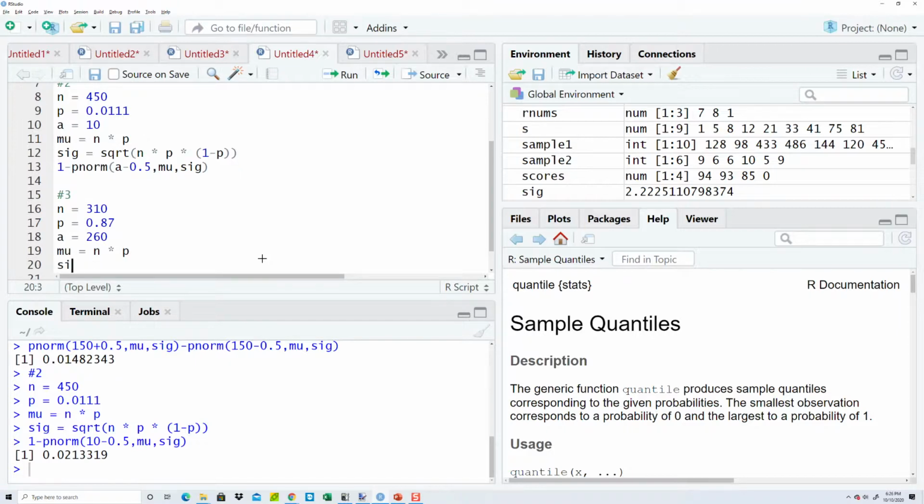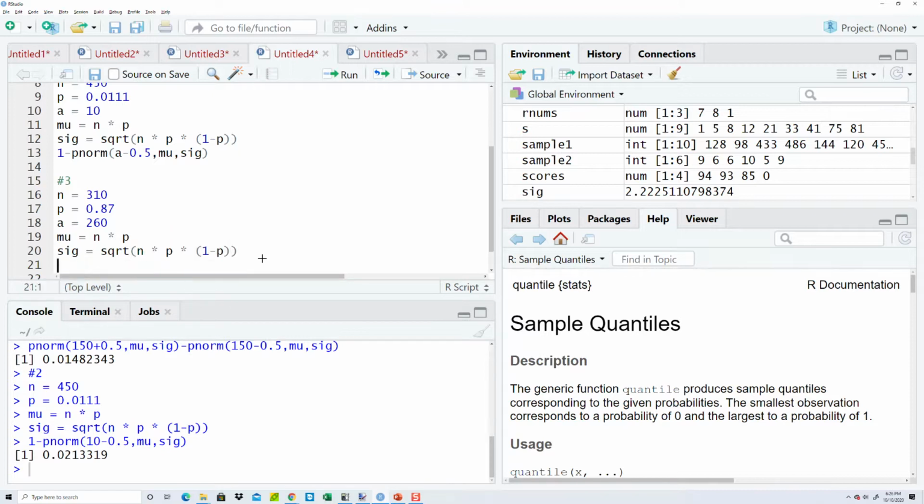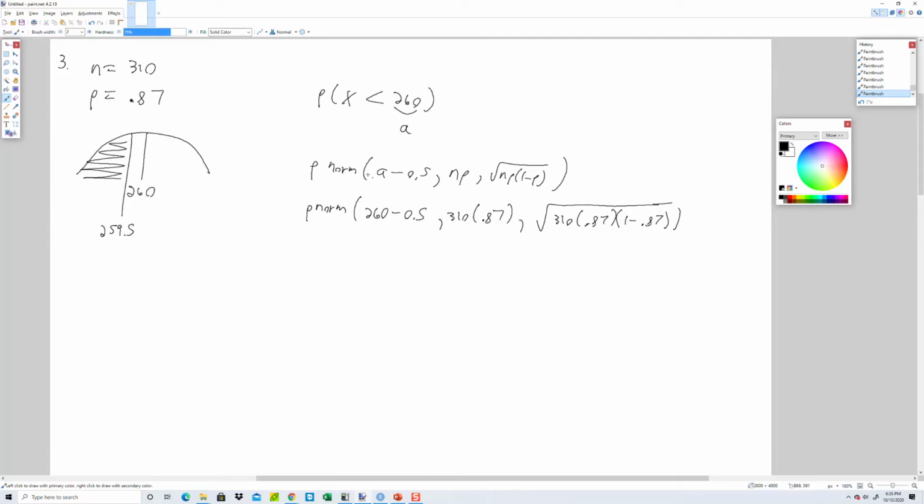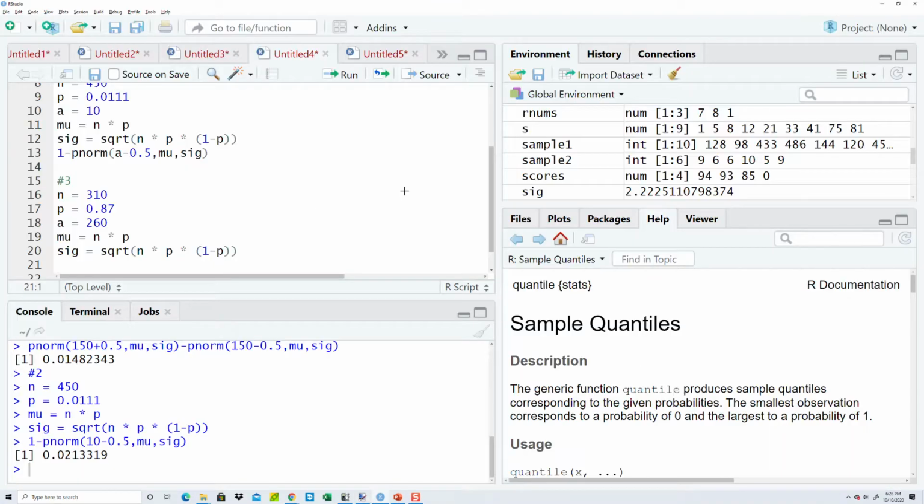That's our mean. Sigma, our standard deviation, is equal to square root of n times p times 1 minus p. And we're wanting to plug it into this formula right here. P norm A minus 0.5, comma, mu, comma, sigma.